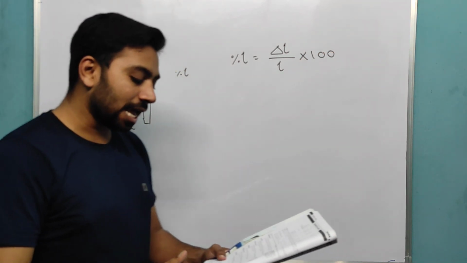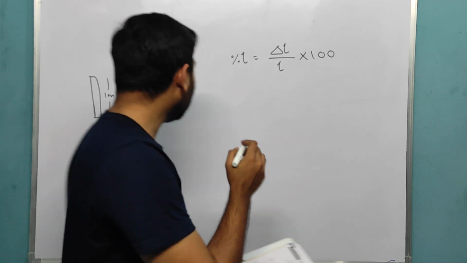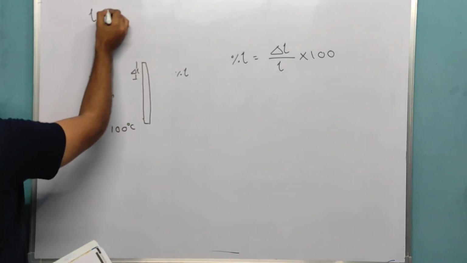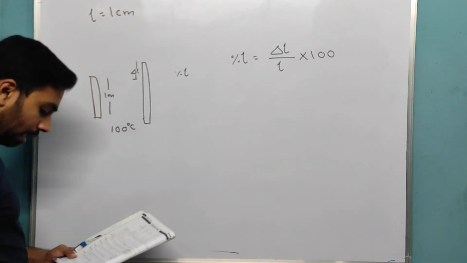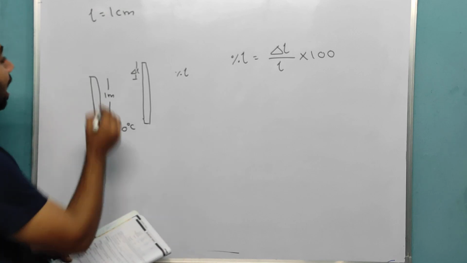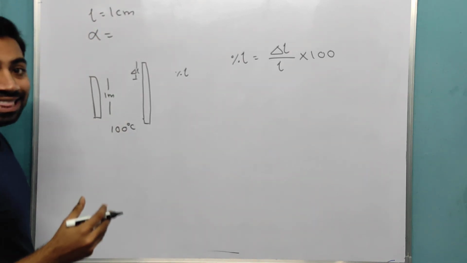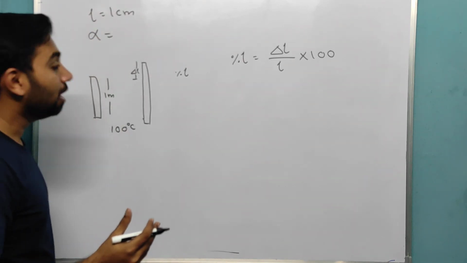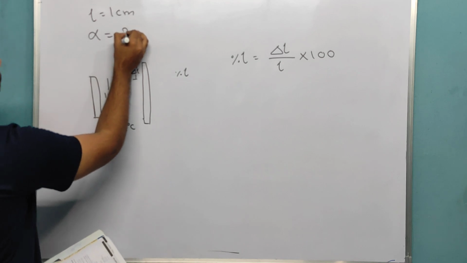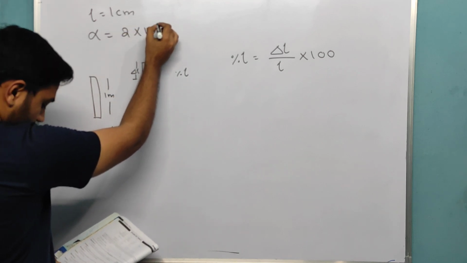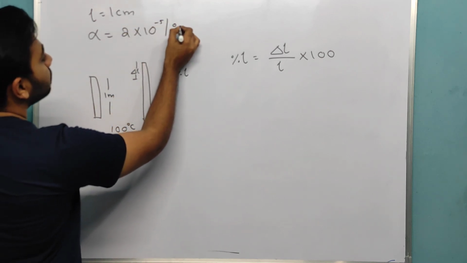And what are all the things they have given? They have given the length as 1 centimeter, they have given the temperature, and they have given alpha, the linear coefficient of thermal expansion, 2 into 10 to the power of minus 5 per degree Celsius.